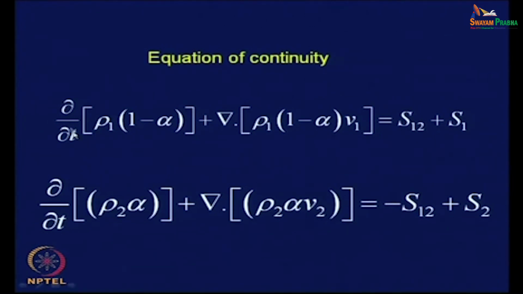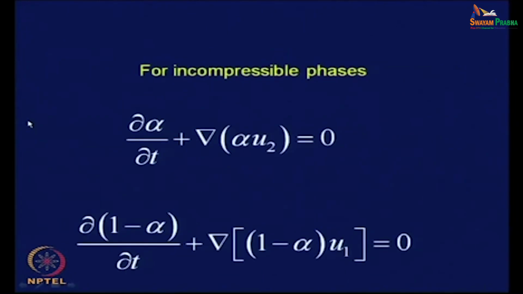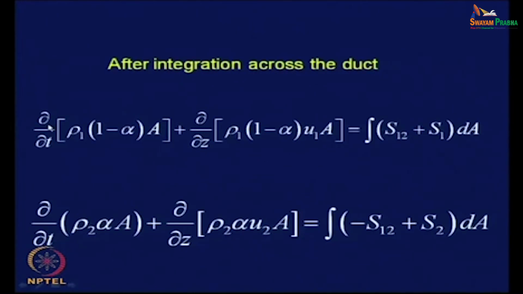So, for one dimensional case, it becomes del del T of rho 1 into 1 minus alpha plus del del Z into this. Okay. Now, if we integrate this one dimensional equation, on integrating, what do we get? Sorry. So, this is for incompressible fluids and leave that. So, on integration we get something of this sort, okay, this equation and this equation.